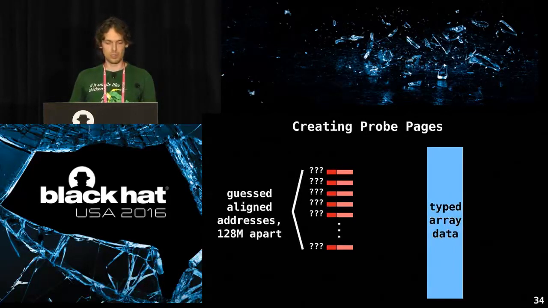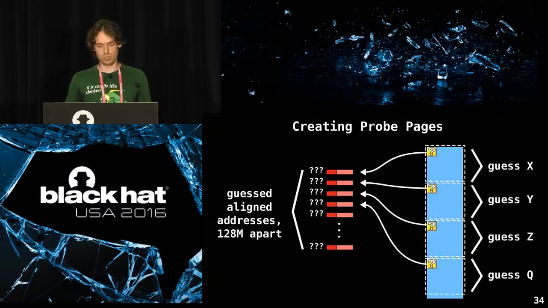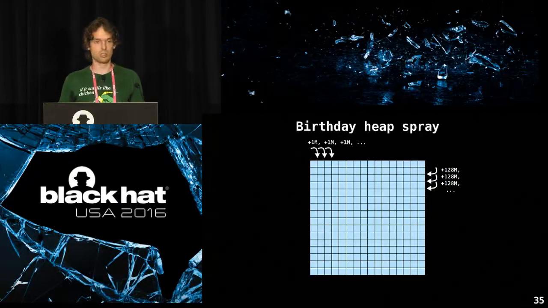We don't use 1 megabyte aligned objects here, but larger objects, 128 megabyte aligned objects, and then we cover the entire address space with this. So we have pages which cover the entire address space. We have now created a divide and conquer strategy.